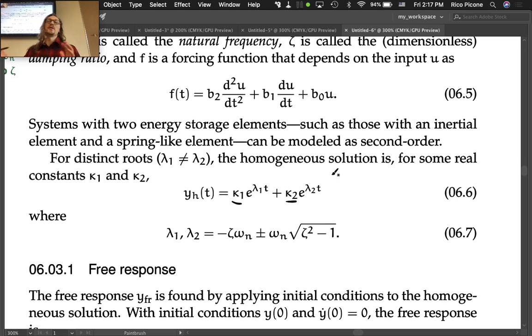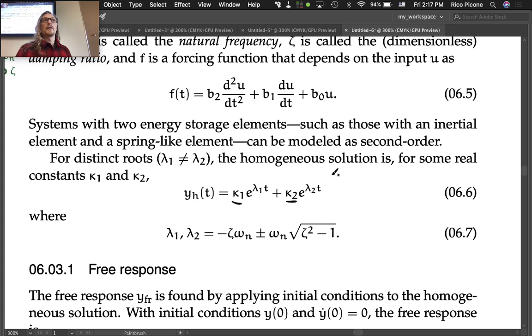Then we can use superposition to construct solutions that have multiple inputs that all happen to be these special functions, and with initial conditions, we can add the free response term in there as well. So that's what we're doing here.